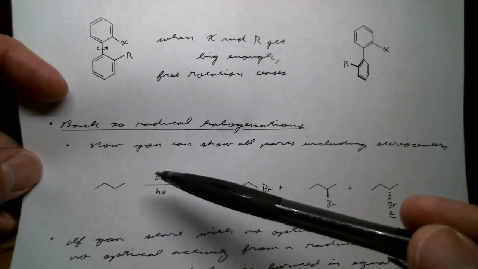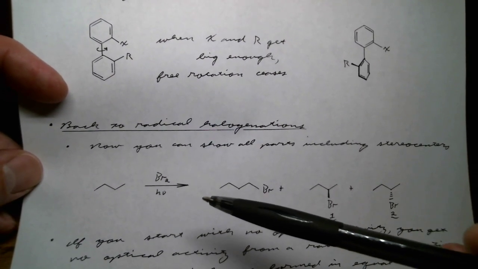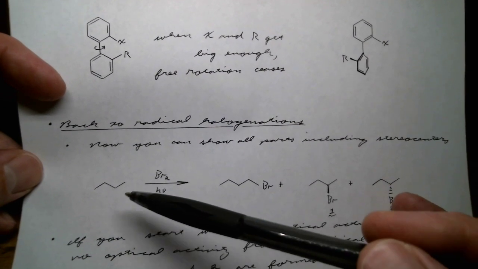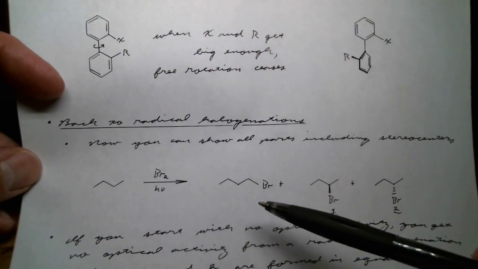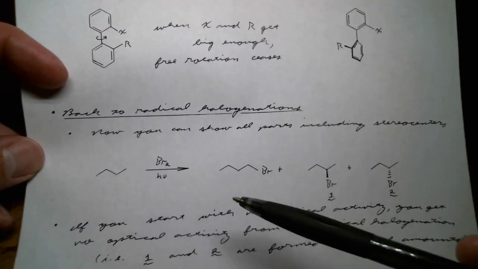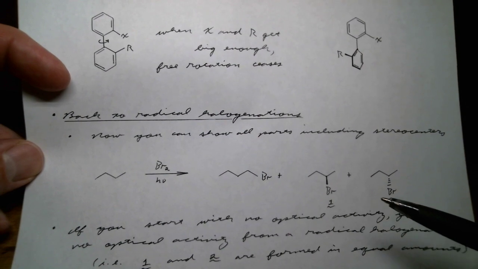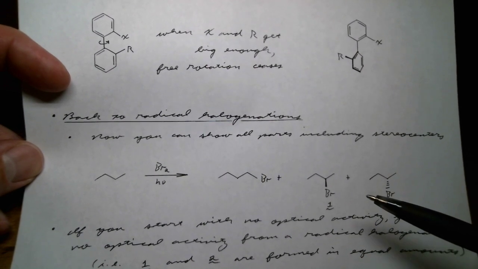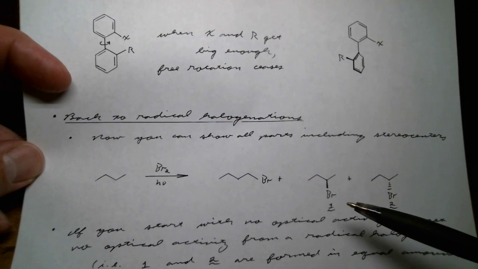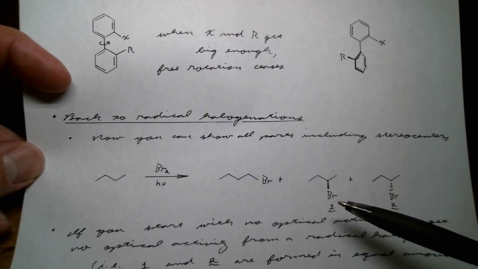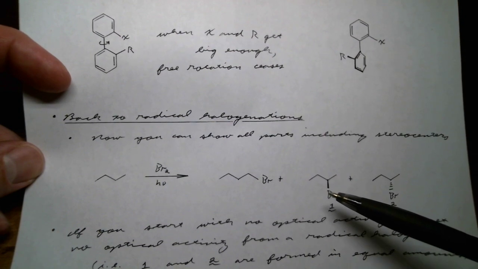We know if we're doing radical bromination, our bromine is going to be more selective for secondary hydrogens than it is for the primary hydrogens. You might get trace amounts of 1-bromobutane. But if you're aiming at monobrominated products, you're going to get a lot more of either R or S 2-bromobutane.